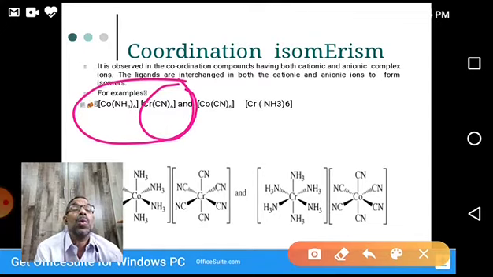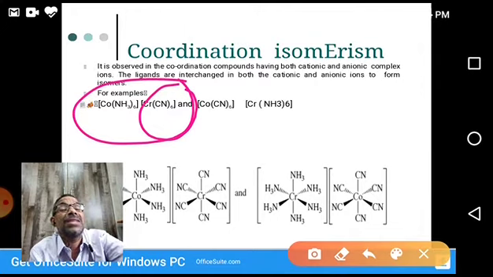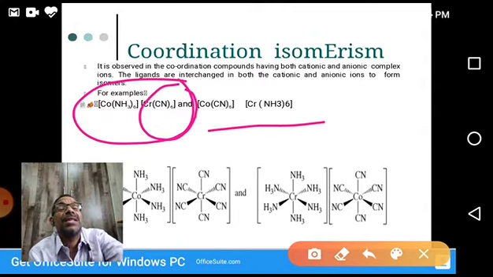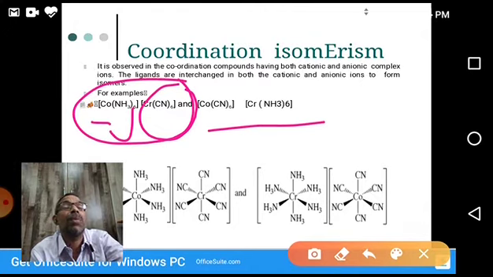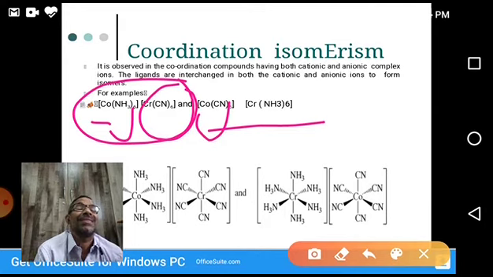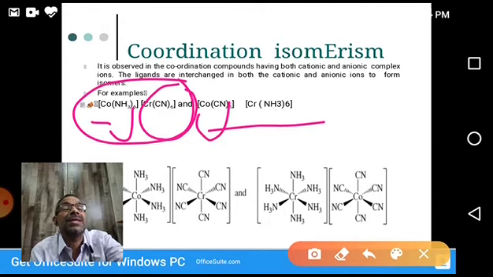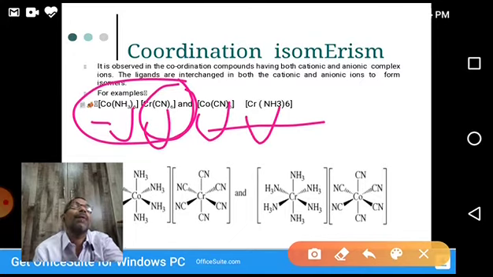So the groups coordinating with the central atom are changing. In this case, cobalt is linked to ammonia. In this case, cobalt is linked to cyanides. In this case, chromium is bound to the cyanides. In this case, chromium is linked to ammonia.